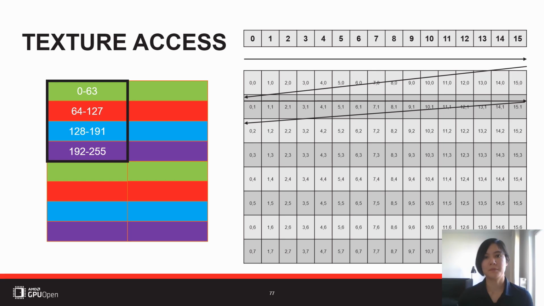So in the following, when I compare the different texture access patterns, we have to first compare how the threads are arranged. So in the first example, they're arranged in a row major pattern, and then how the pixels are arranged within a single thread. So in this example, they are actually scattered.